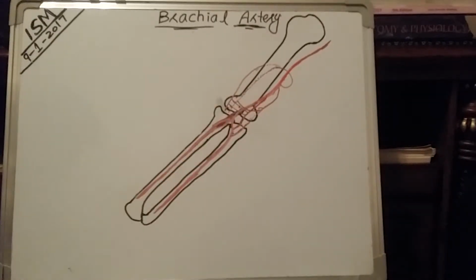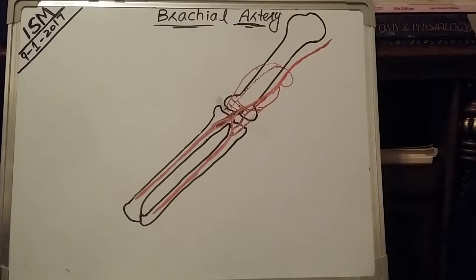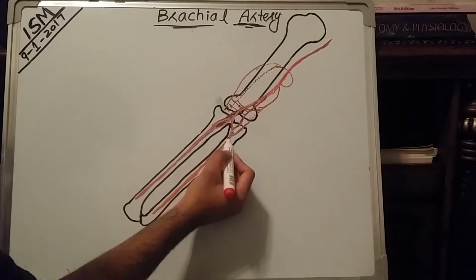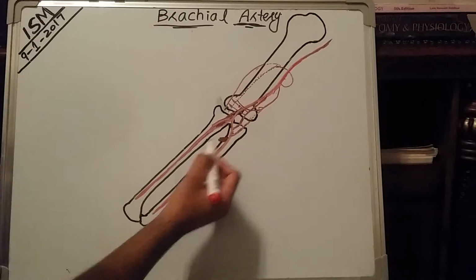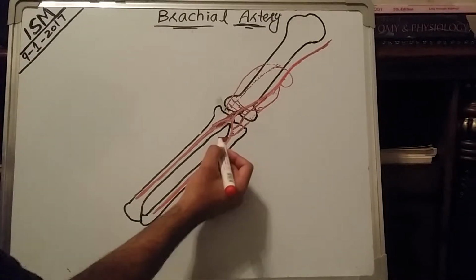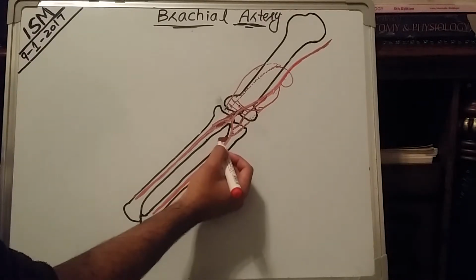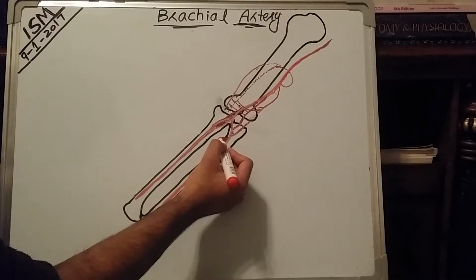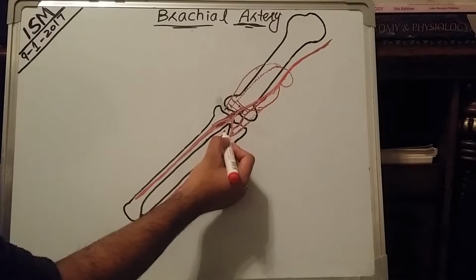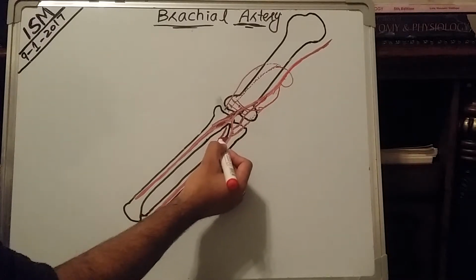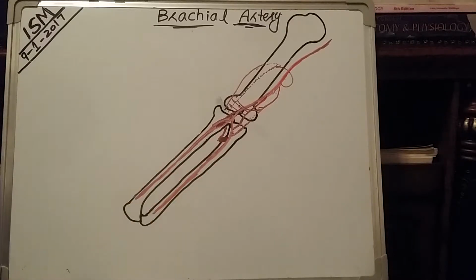And another group of arteries originating from the ulnar artery are the common interosseous artery. As we know, the common interosseous artery gives rise to three further branches. The first, moving upward, is called the posterior interosseous artery.